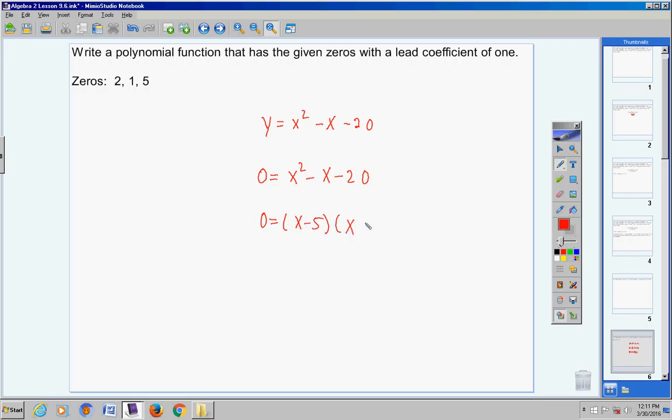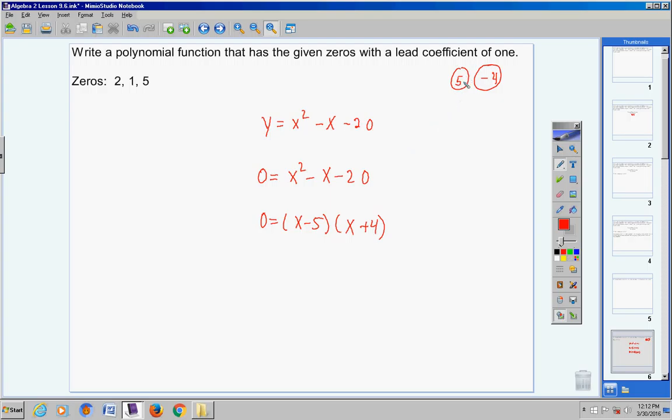Trust me, that's correct, okay? There you go. Then you would take this parenthesis, set it equal to 0 and solve, and you would get 5. Then you would take this parenthesis, set it equal to 0 and solve, and you would get this. Got it? So there's your two zeros. Now, do you notice something peculiar and interesting here?